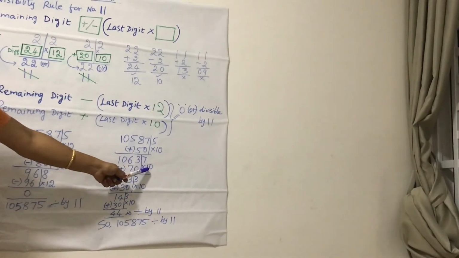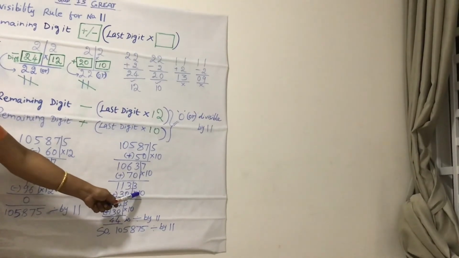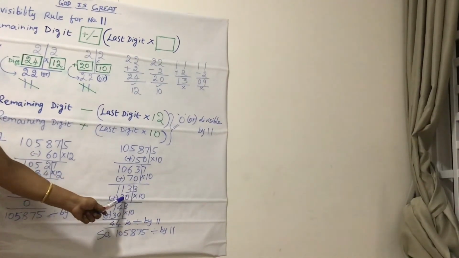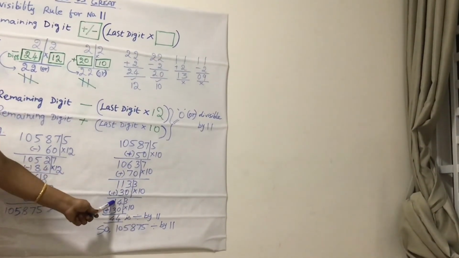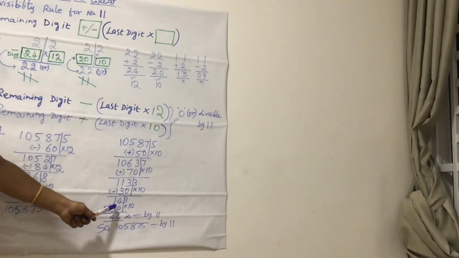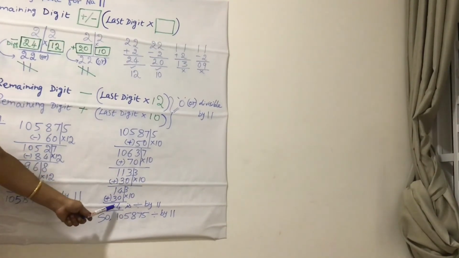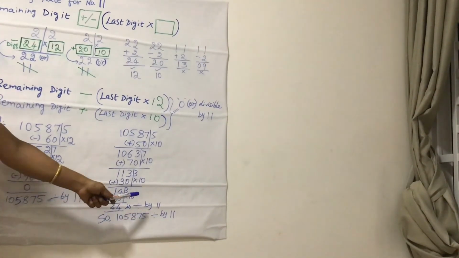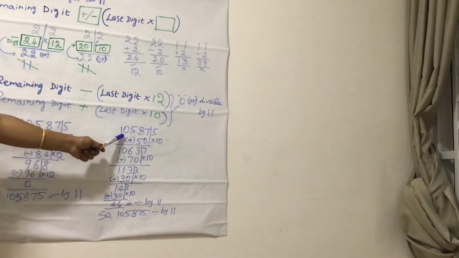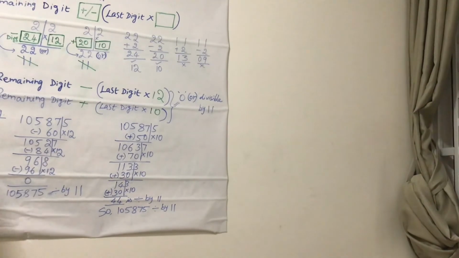Multiplying the last digit by 10 and adding, I get 1133. The last digit times 10 gives 30. If I add, I get 143. The last digit times 10 is 30. If I add, I get 44. So we know that 44 is divisible by 11. So the number 105875 is divisible by 11.